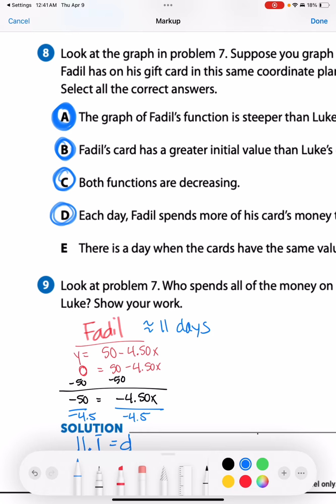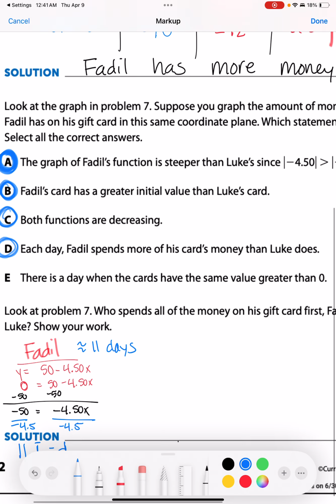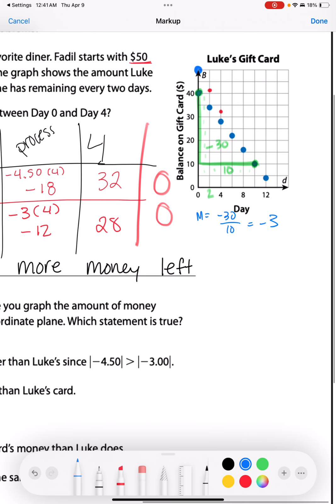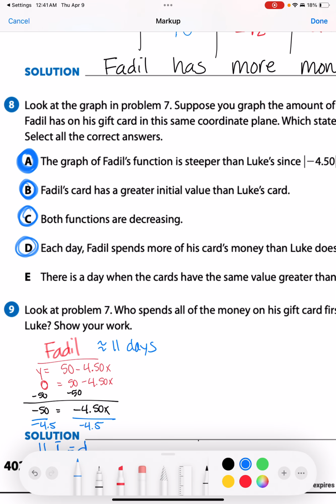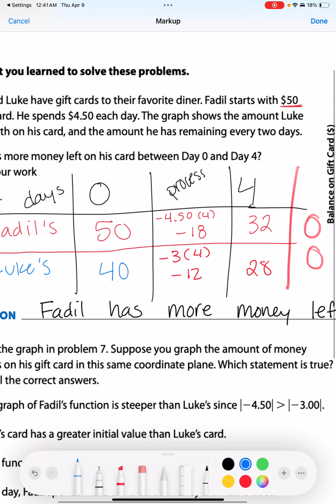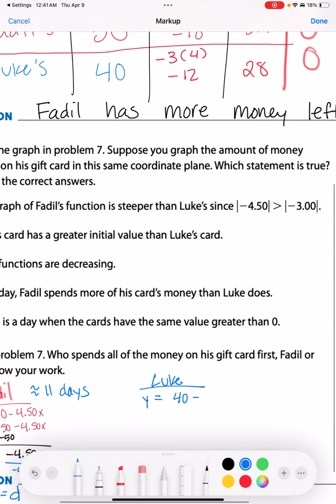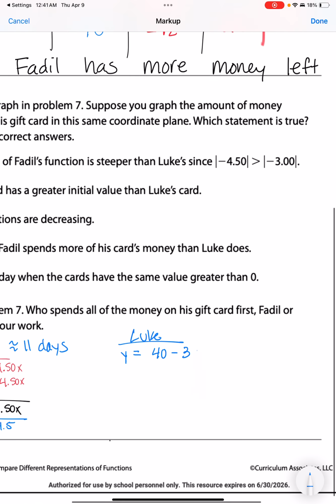And then we'll do the same with Luke. So Luke's equation is Y equals, we're starting at 40 minus, and we calculated that Luke spends $3 per day, so minus 3x.